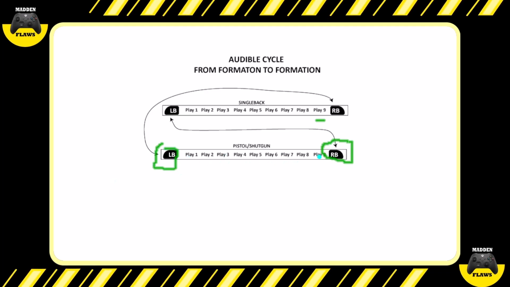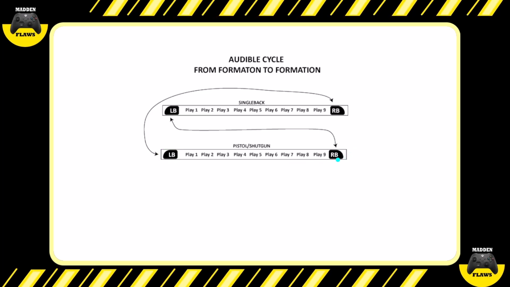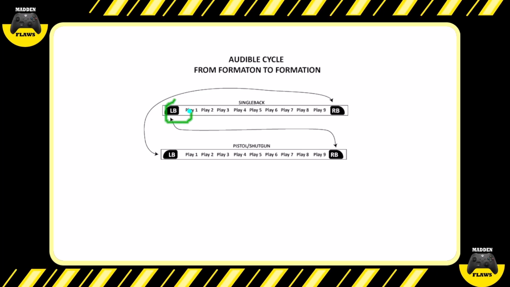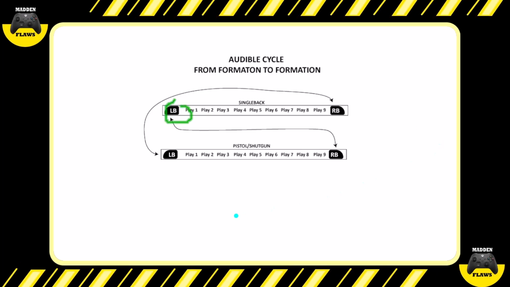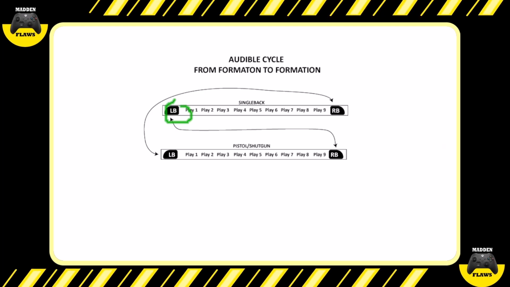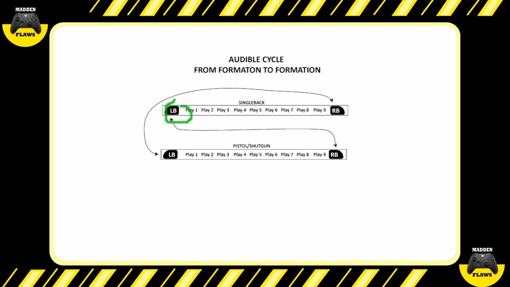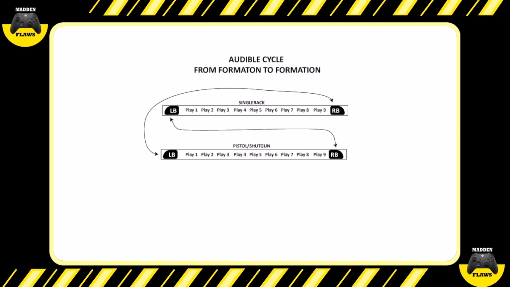And as you go back through that list, you get to the end, press RB, and you go back to the beginning of your Singleback. So it toggles back and forth here. So if you're using two formations, which pretty much I do, that's what it means.